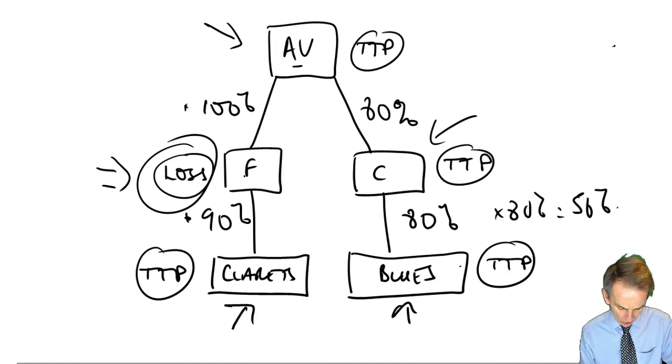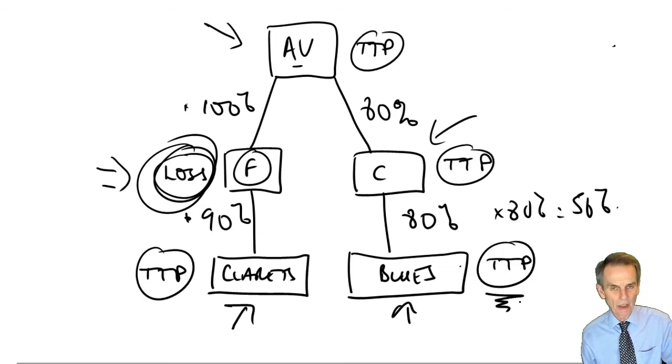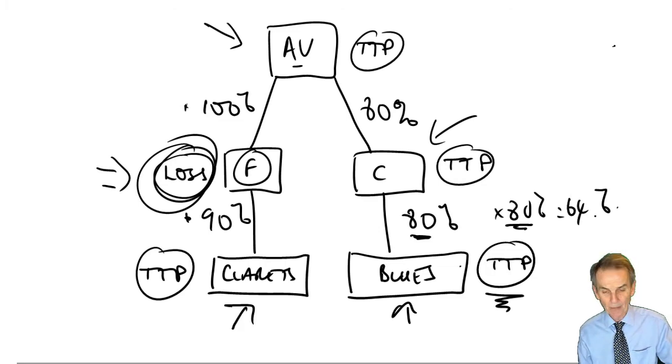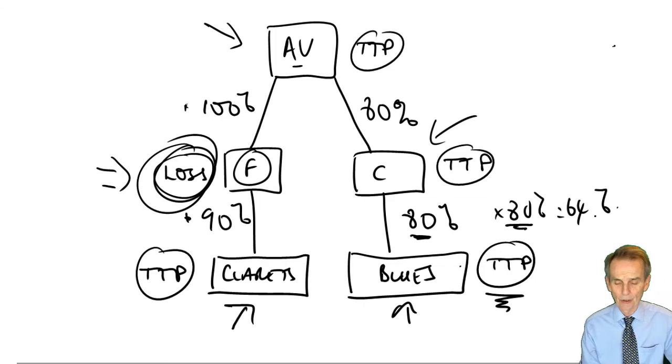Well, again, could company F here group relieve any of that loss against now Blues' TTP? Well, the answer would be no. Even though this is 80%, 80% of 80% will now, of course, equal an effective 64% interest. An effective 64 is not, of course, sufficient. It has to be effective 75. Any amount of loss made by company F here would not be group relievable against Blues' profit. Why?